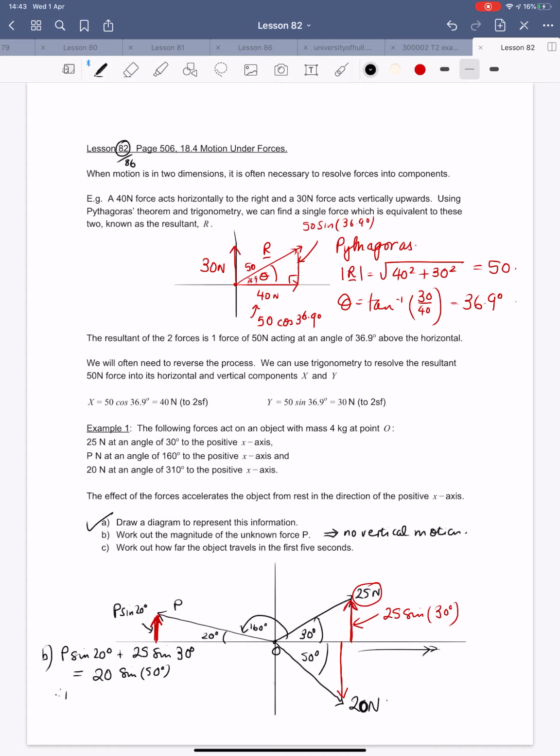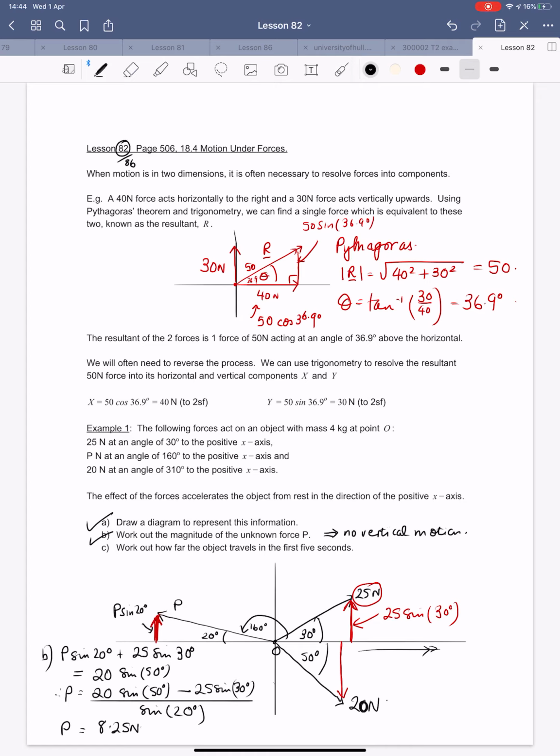Okay, so therefore P is 20 sine 50 degrees minus 25 sine 30 degrees, all divided by sine 20 degrees. And just checking it's the same as in the book. So it is, I can use their answer. So P is 8.25 newtons. Okay.